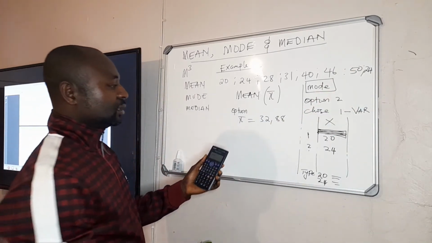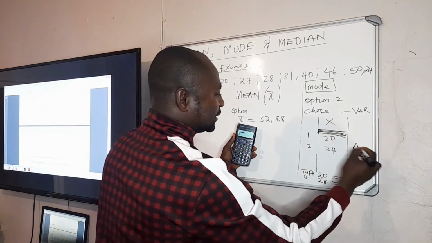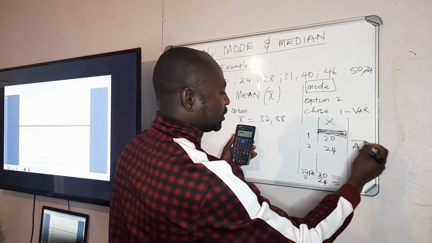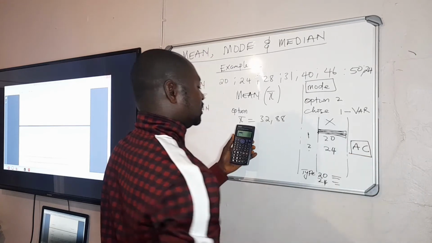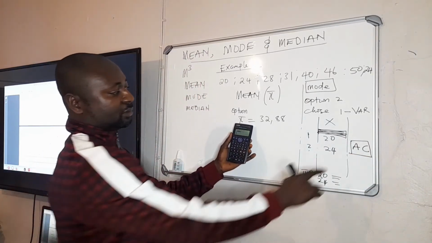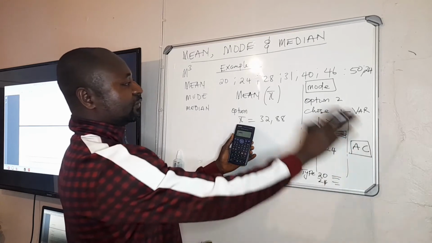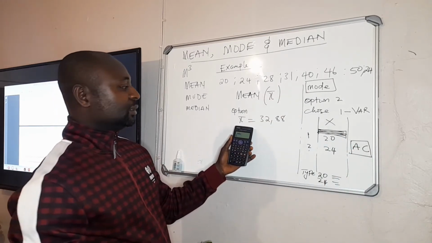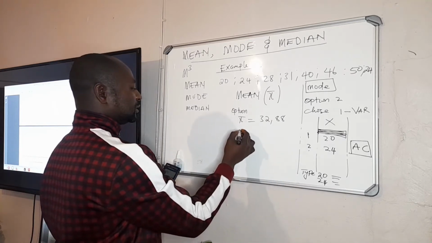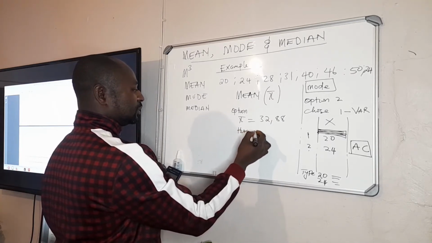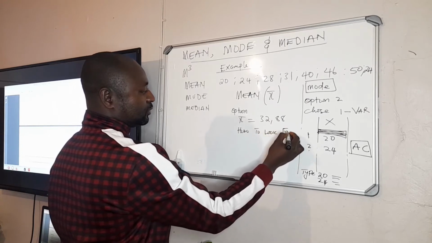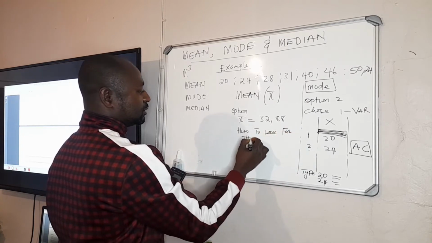When you are done, you store it with AC on the calculator. Sometimes it's orange, sometimes it's red. You press this AC, and everything you have captured will vanish from view. Now, let's look at how to look for the answers from the calculator.